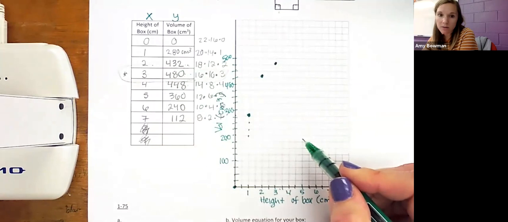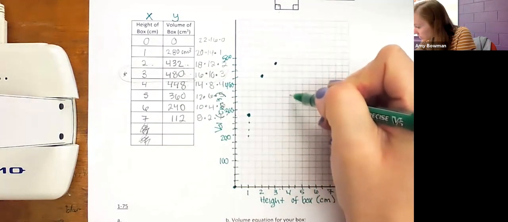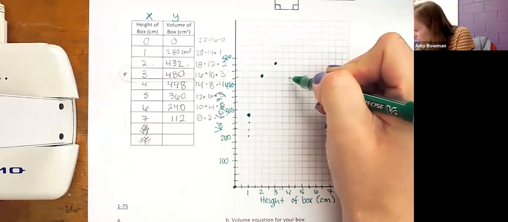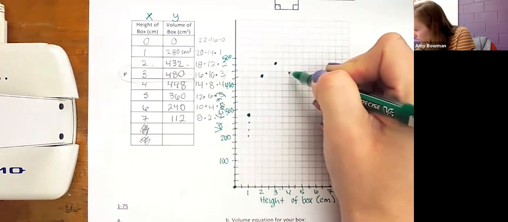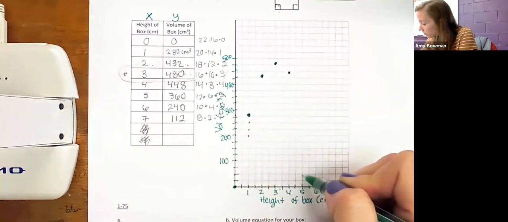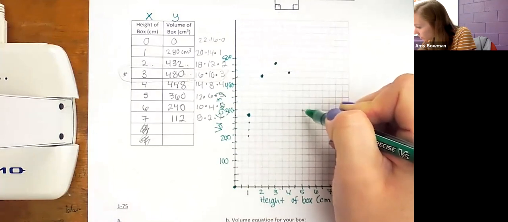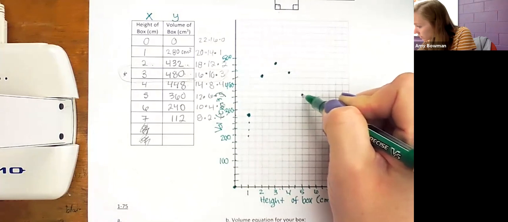And a height of 4 gave us a volume of 448, so right under 450. A height of 5 gave us a volume of 360. So 300, 350, 360.